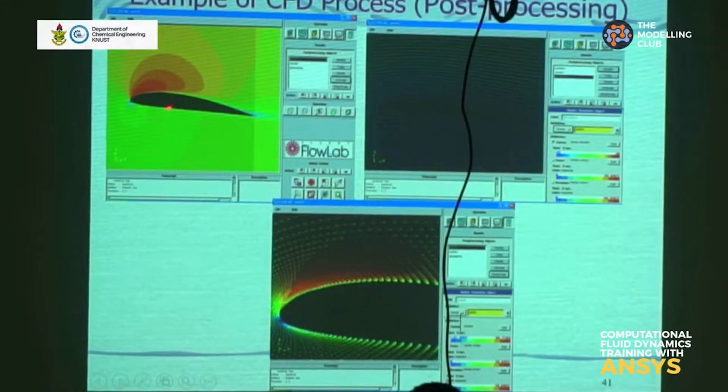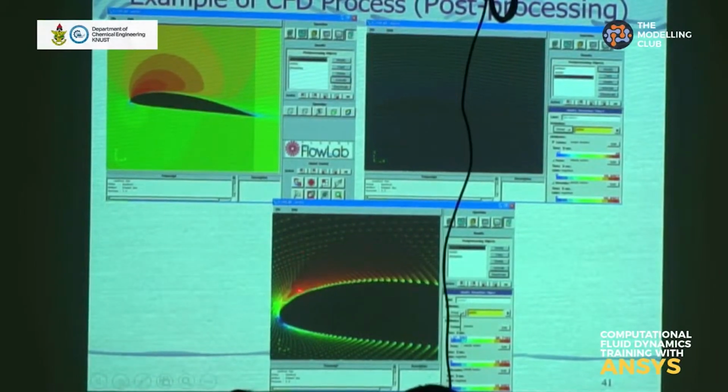In terms of post-processing, you go into the post-processing panel for Flow Lab. Again, you can specify in these regions what you want to look at in terms of the results, whether you want to see contours or vectors.